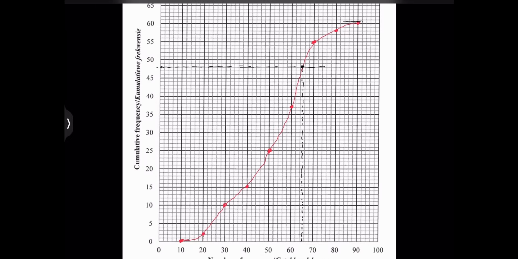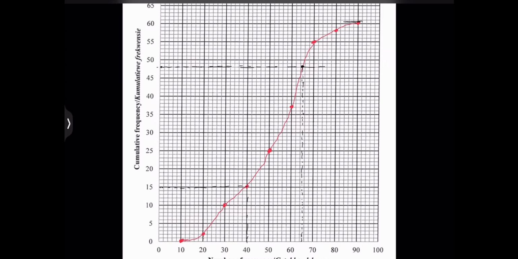And so what you do is you go to your table and say, look, for quartile 1, that's the value 15 there, and it means that quartile 1 is 40 messages. Okay, right, so that would be quartile 1.